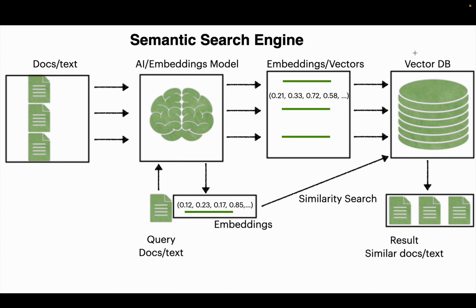After creating these embeddings for the documents, we insert or index these vectors into a vector database. A vector database is a special kind of database. It's purpose-built with mainly two objectives. One, the retrieval of the vectors or the information is very fast, because typically these databases contain millions or even billions of records.